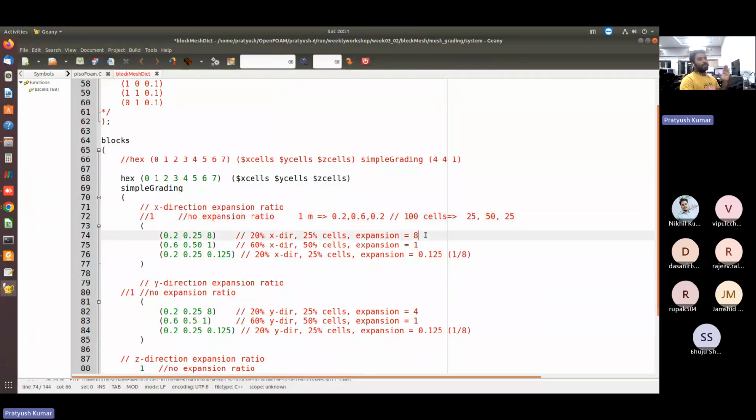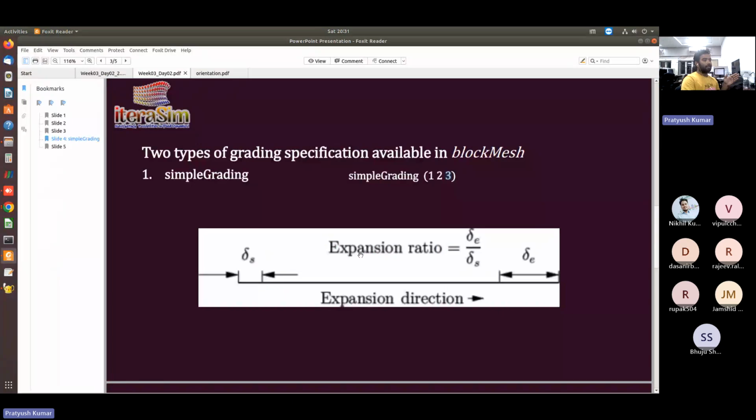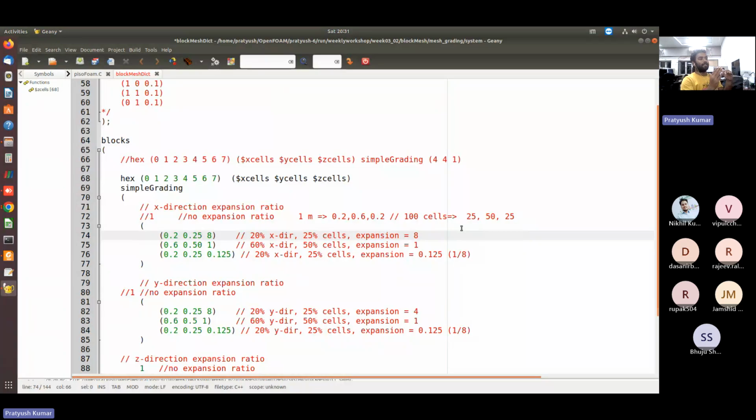Expansion ratio equal to 8 means, let me open this slide, that delta E, the end cell upon the starting cell, is equal to 8. So near the wall, the length of the cell should be divided in such a way that the ratio is 8 between the wall and the middle of this 0.2 mm length.